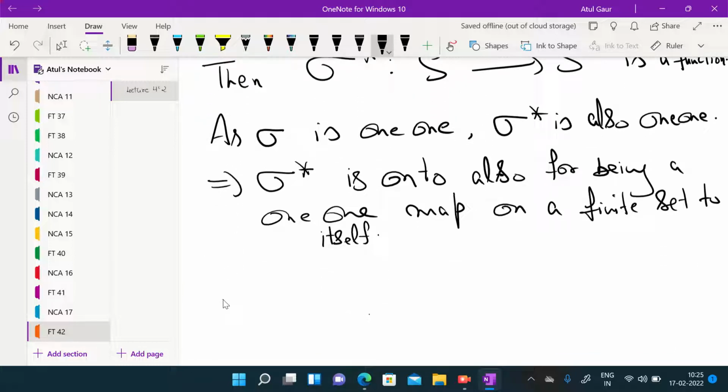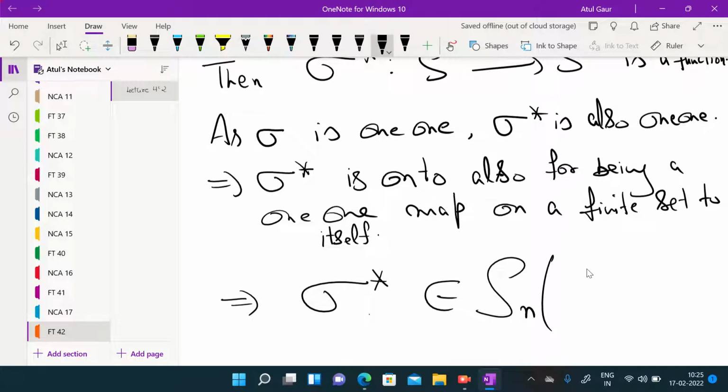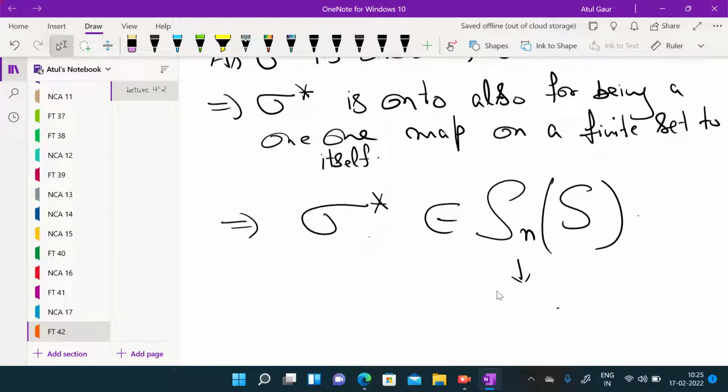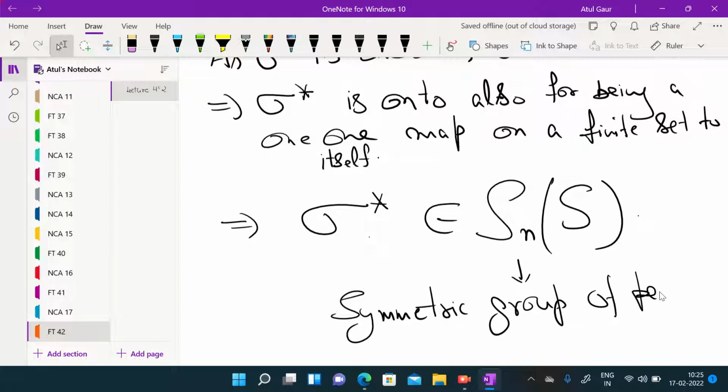So that means where did sigma star go? Sigma star belongs to the permutation group on the elements of S. This is precisely the symmetric group of permutations on S. Is that fine? You got a permutation on the elements of S. Okay.